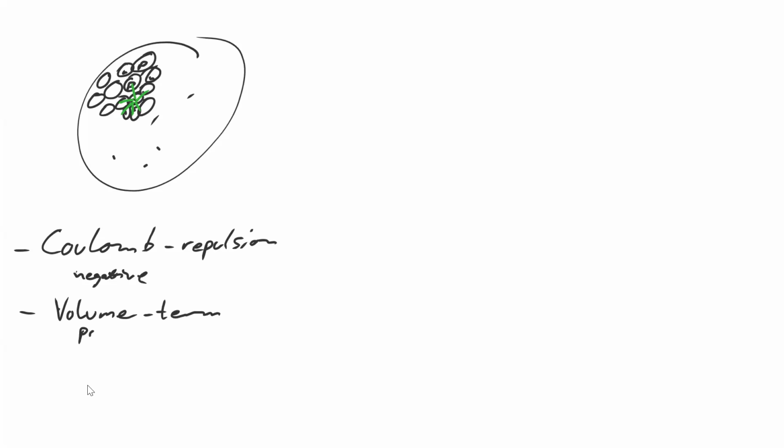And that's positive, and that's the one that's going to explain why nuclei are possible. So this model was initially developed by Carl Friedrich von Weizsäcker and others in the early 1930s. And a lot of what we know now was not known then.